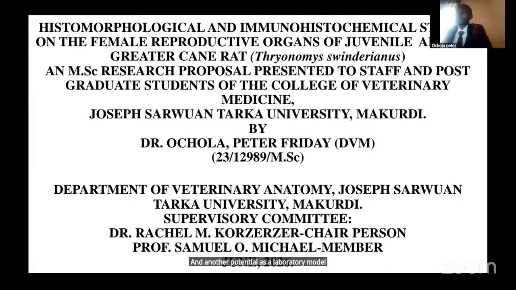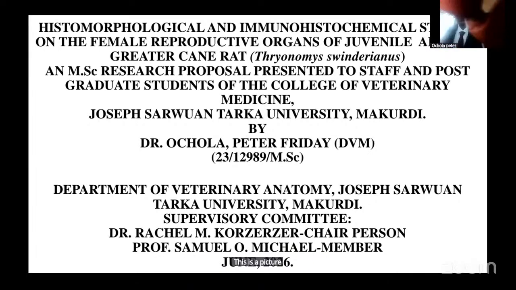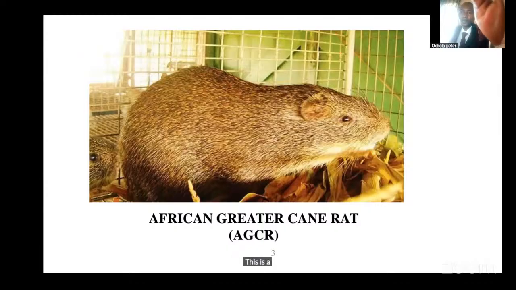It is recognized in different languages: Tiv calls it Bia, Idoma, Igede, Jukun call it Aje, Yoruba call it Oya, Igbo call it Inche, and Hausa call it Kuntutu. All are Nigerian vernacular languages. This is a picture of the African greater cane rat.